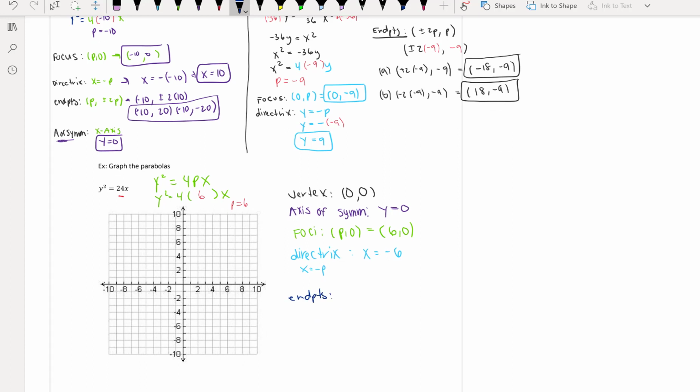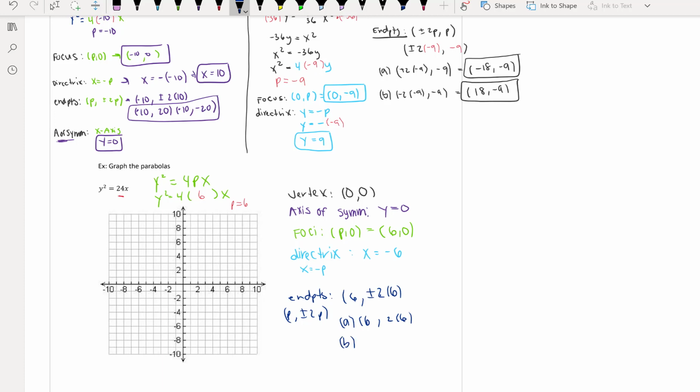Remember, my endpoints come from p, plus or minus 2p. So I'm going to have 6, plus or minus 2 times 6. So the first one would be 6, 2 times 6.